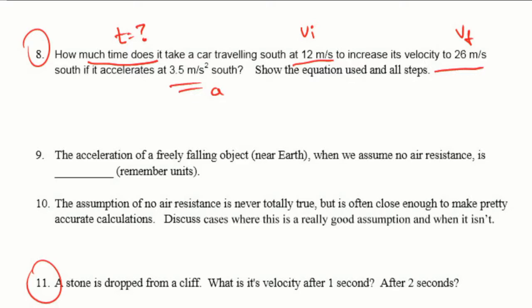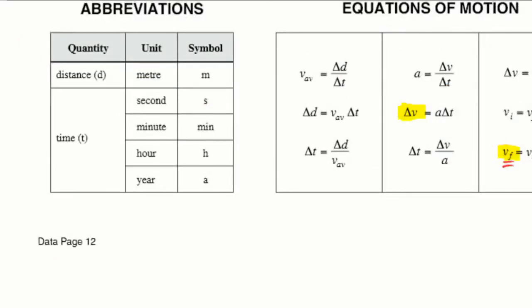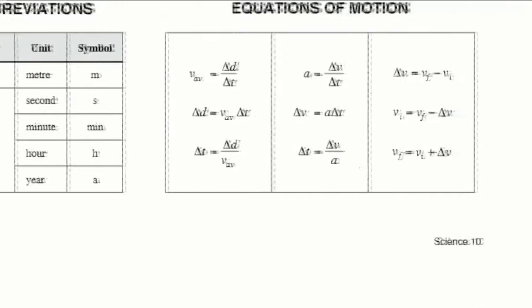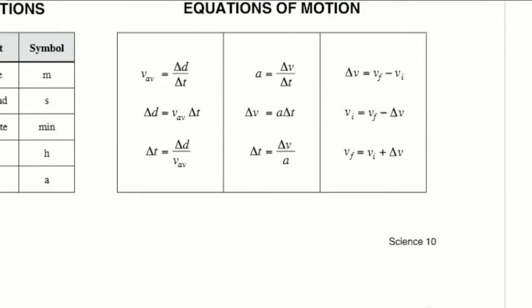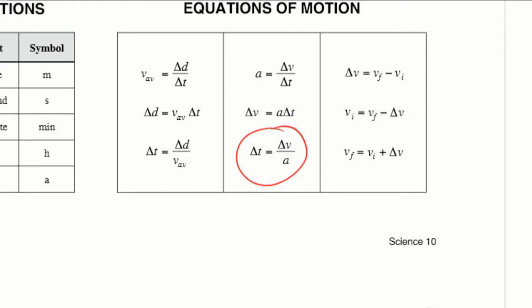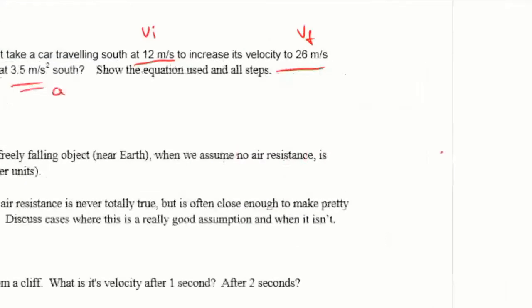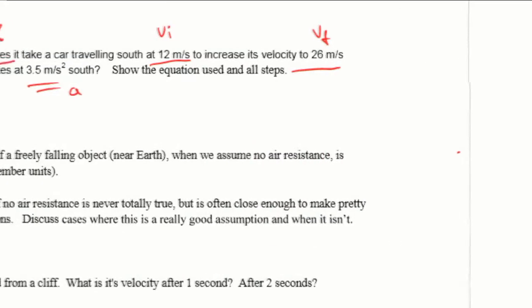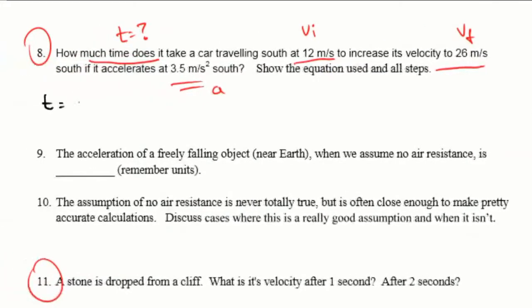So if I go back to my formula sheet, I know my time, that's what I'm trying to find, is the change in velocity divided by the acceleration. So let's start with that. I write down my formula. Time is change in velocity divided by the acceleration. But I don't know my change in velocity.